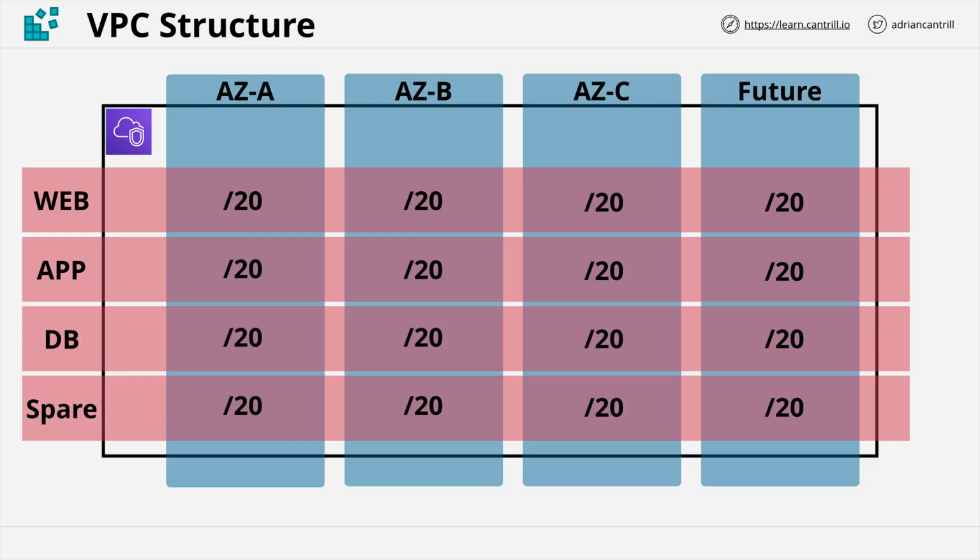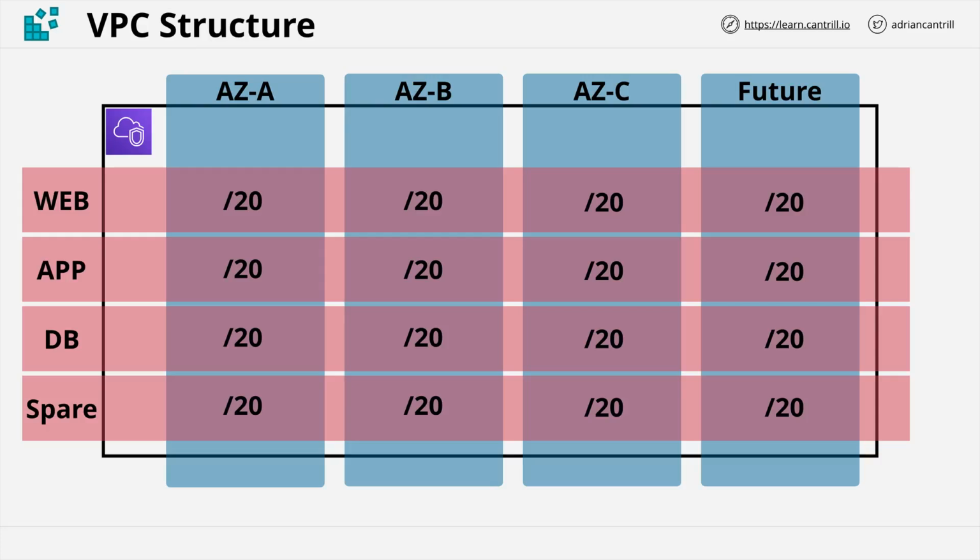Now that you know the number of subnets, and because of that, the size of the subnets in relation to the VPC prefix size, picking the size of the VPC is all about how much capacity you need. Whatever prefix you pick for the VPC, the subnets will be 4 steps away.